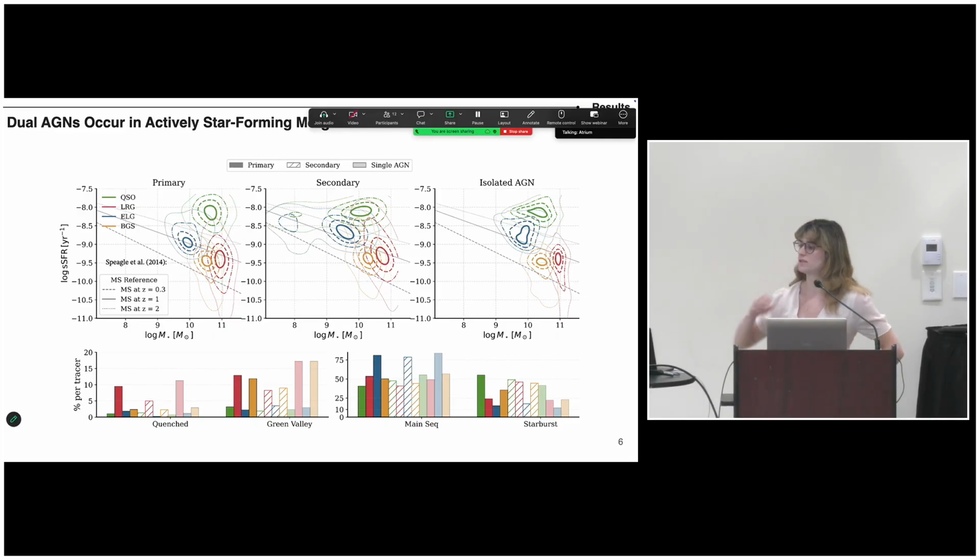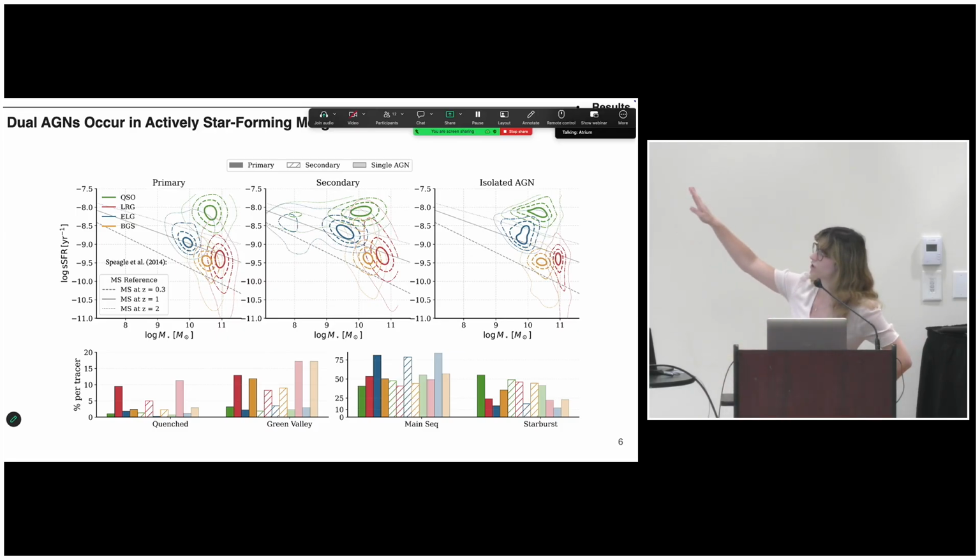And we see that different types of galaxies actually occupy different regions on this plane. We see that quasars and emission line galaxies, green and blue, lie near the main sequence, while large red galaxies, the red ones, are more massive and quiescent, while the BGS, bright galaxy survey, lie intermediate between those two.